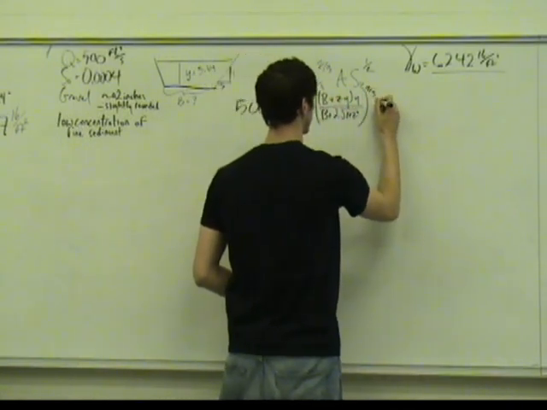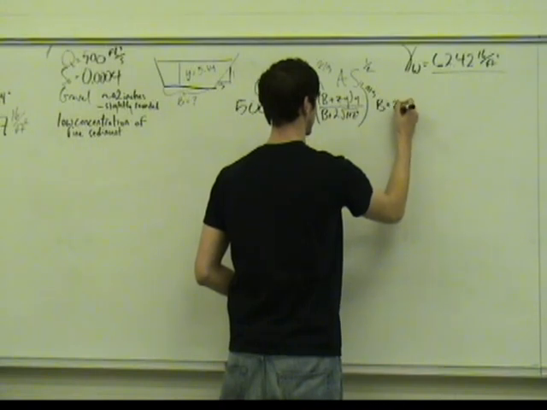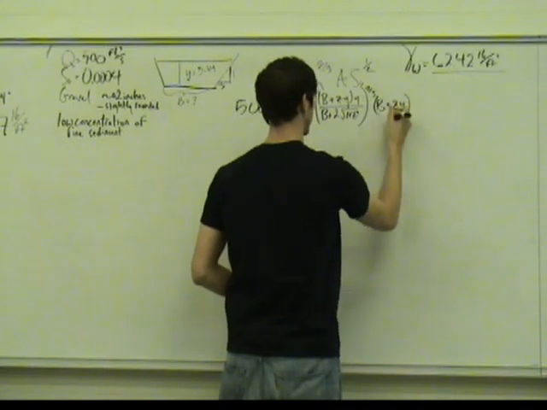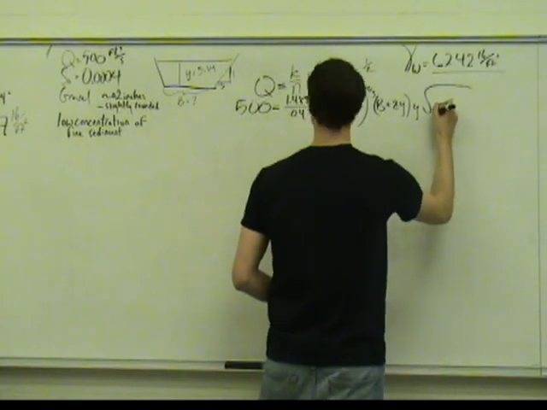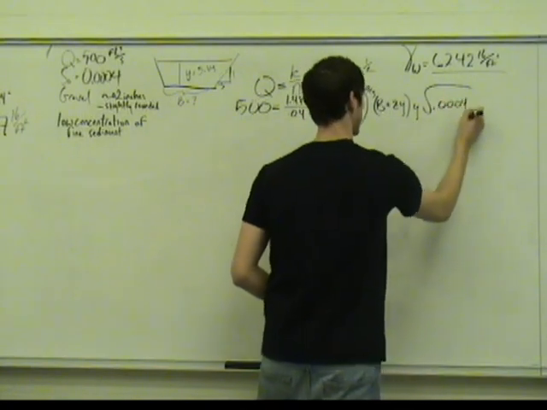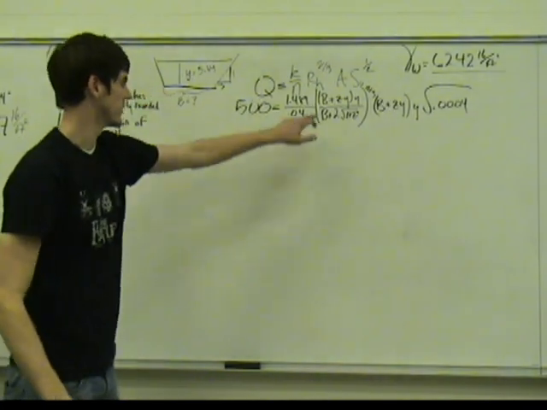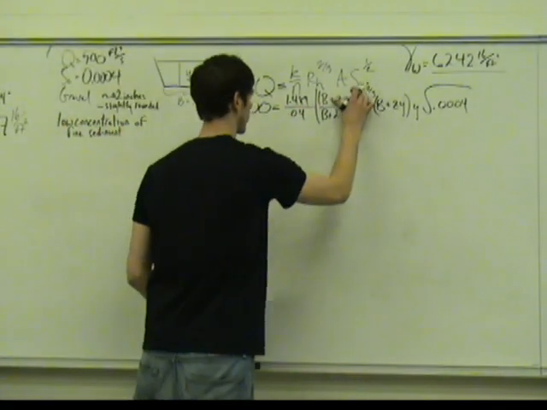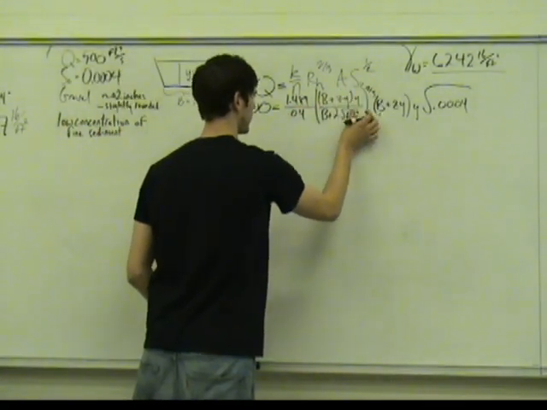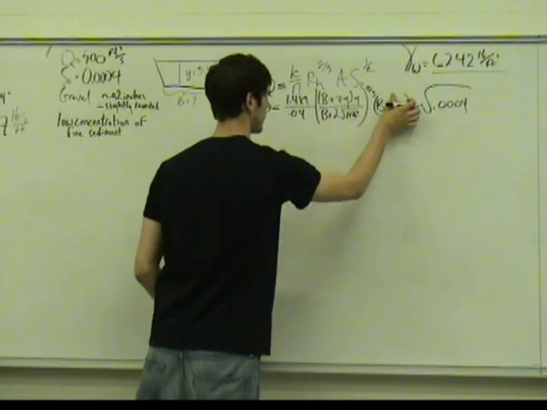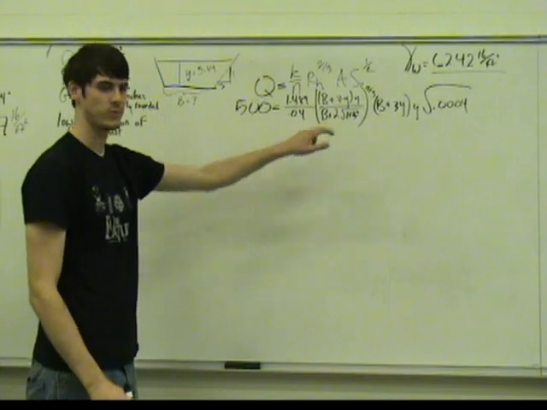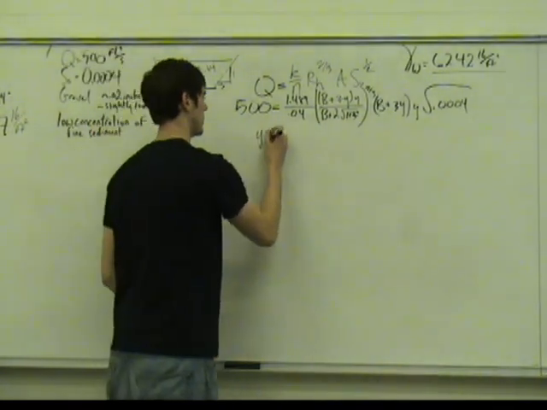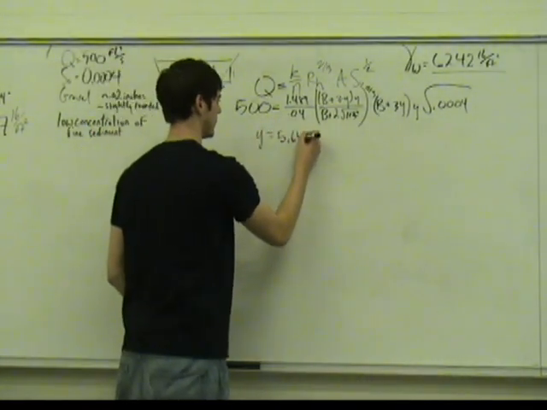The area is just going to be a function of the bed width and of y. All of this is going to be multiplied by the square root of the bed slope. And z we know is 3, and y we previously solved would be 5.64.